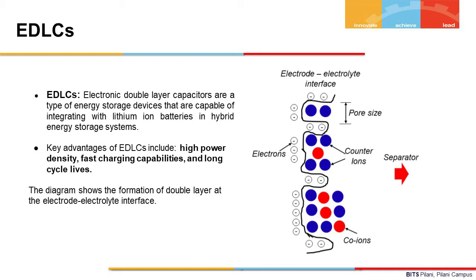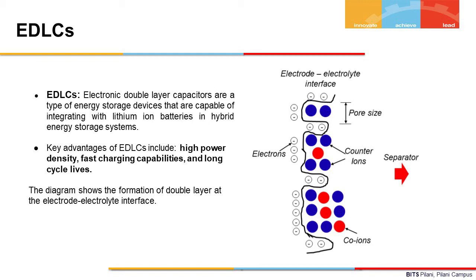They have several additional advantages like huge power density, long cycle lives, fast charging capabilities, and storage capacity of roughly one-fourth energy by weight. Electrochemical double-layer capacitors mostly use liquid electrolyte, either aqueous or organic, and activated carbon as electrode material due to its large specific surface area.